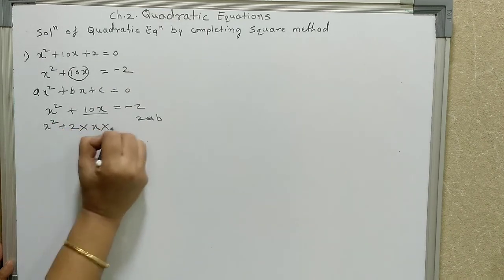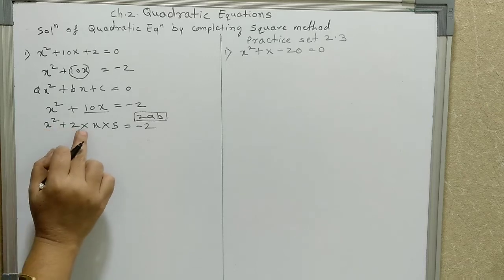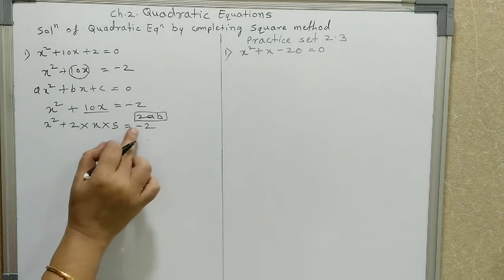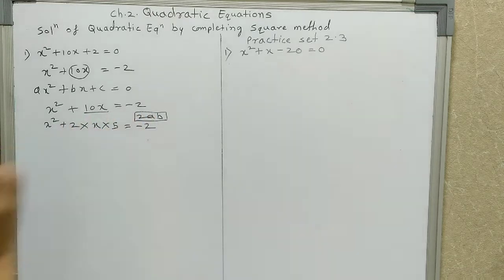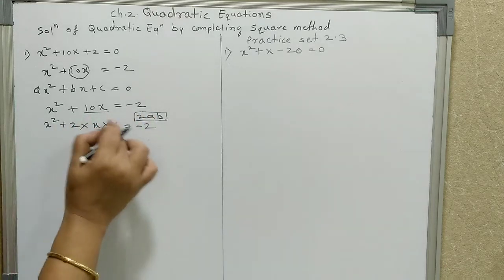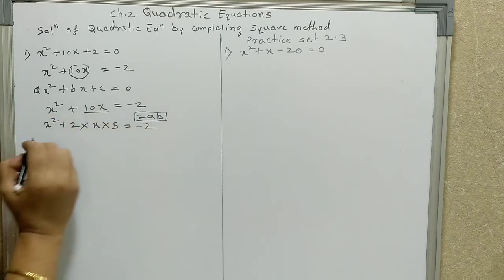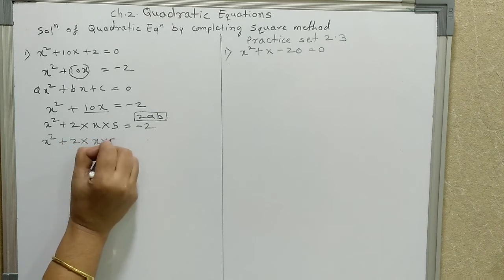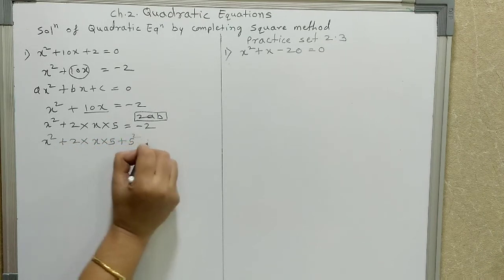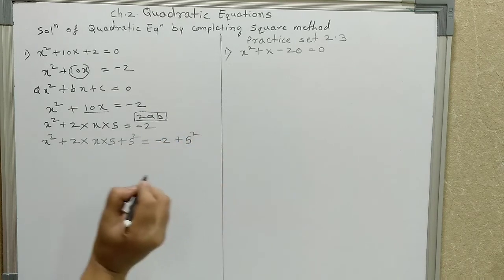Here x becomes a and 5 becomes b. So we add 5² on both sides of the equation: x² + 2 × x × 5 + 5² = -2 + 5².